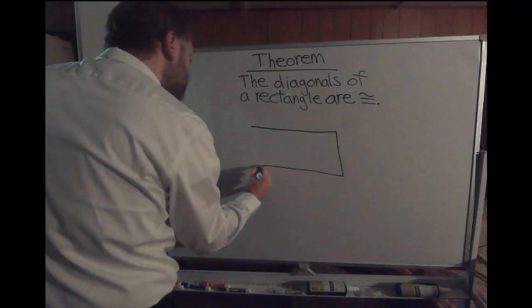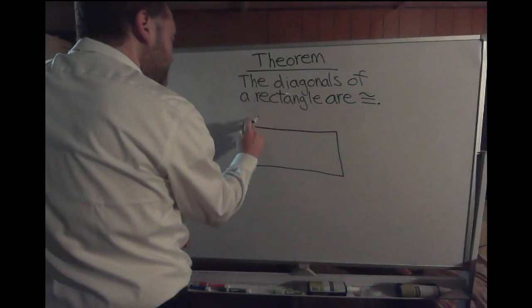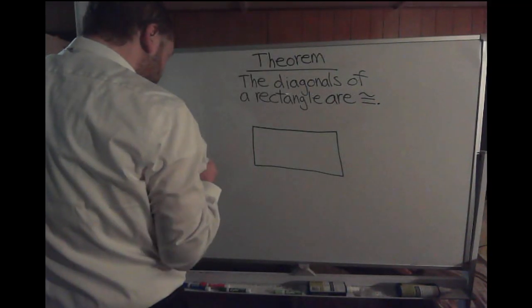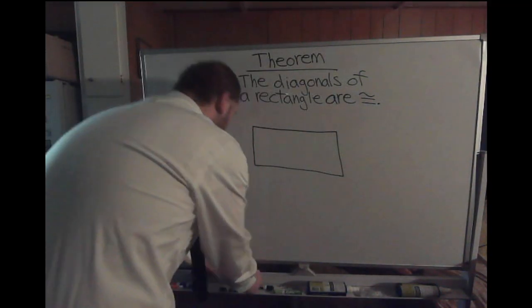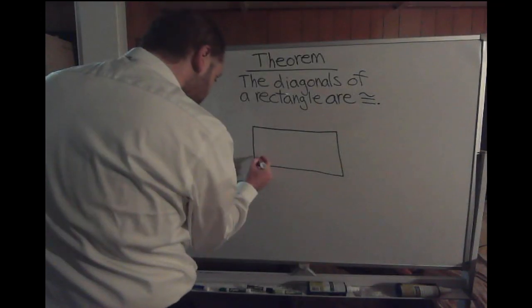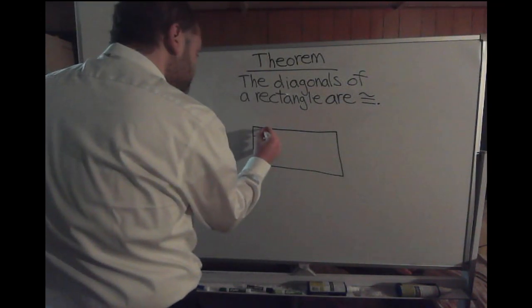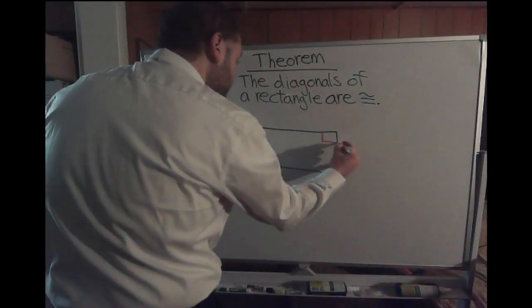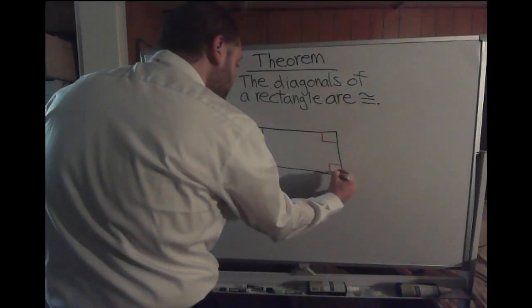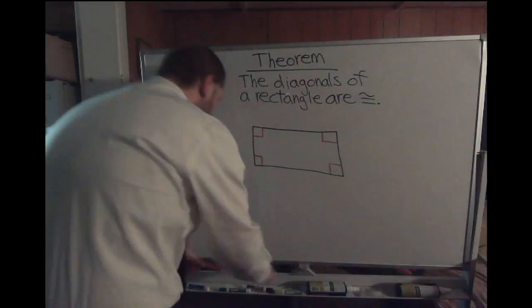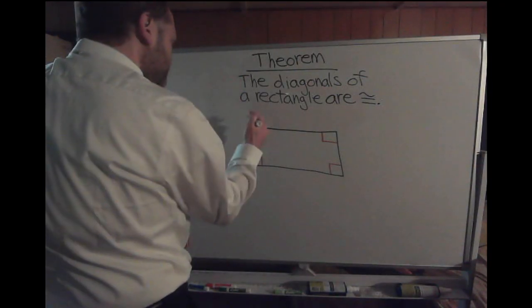So let's draw this rectangle again here with the diagonals. Of course, I have to illustrate that it's a rectangle by putting up the right angle symbols. And why not? Let's name some points, right?